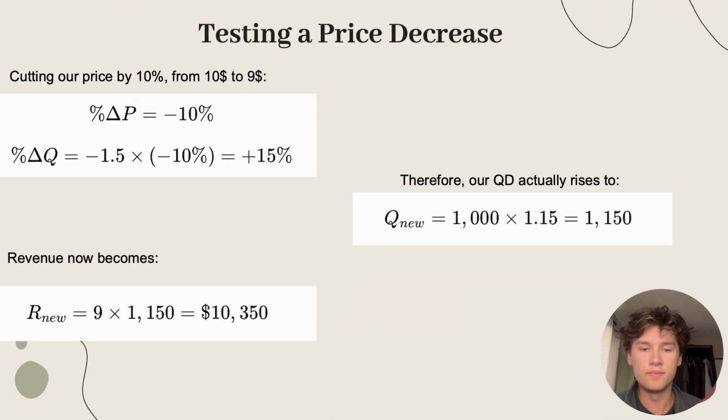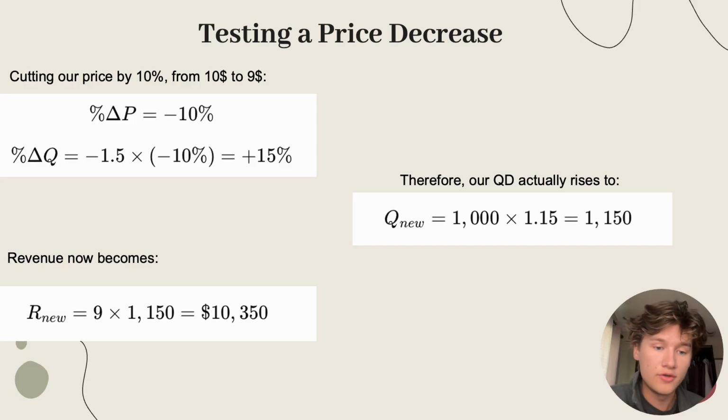Okay, so now that we've been able to test a price increase, let's test a price decrease and do the opposite. Cutting our price down by 10% from $10 to $9, we can put that into the formula and use our original elasticity of demand of negative 1.5 and multiply it by negative 10% to give us a positive increase of 15% quantity demanded. So if we put that into the quantity demanded formula, we multiply 1,000 by 1.15 and get a new quantity demanded of 1,150.